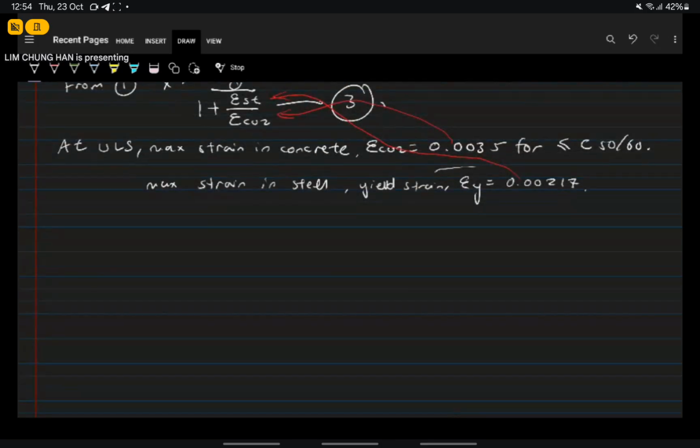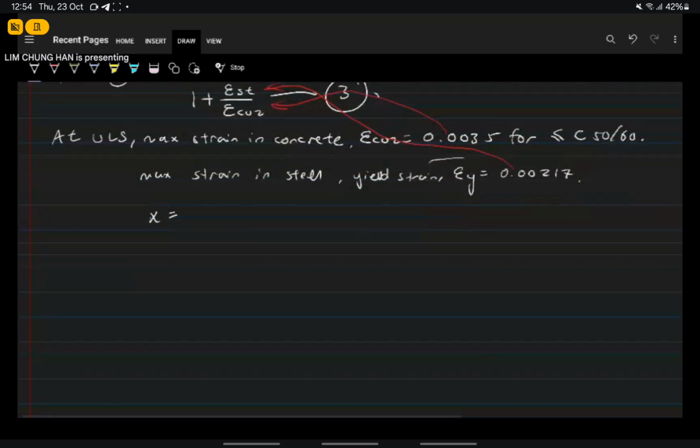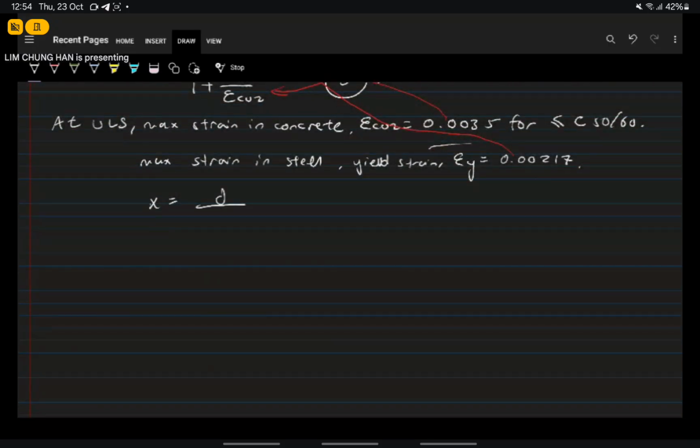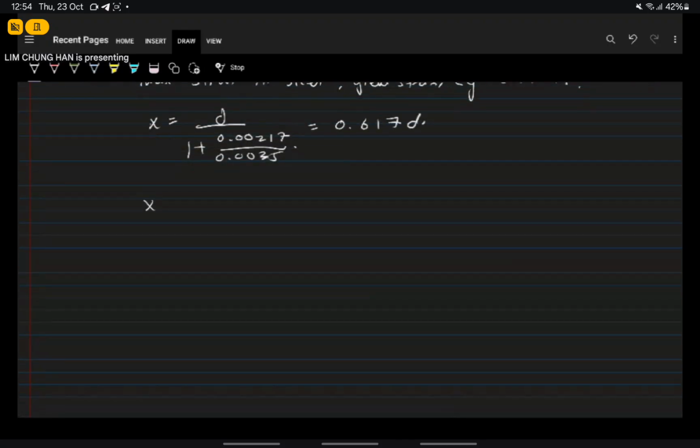You basically get x equals d divided by (1 plus 0.00217 divided by 0.0035). You basically get 0.617d. So x is equal to 0.617d.